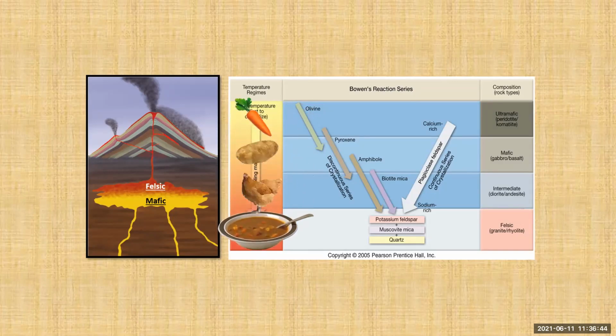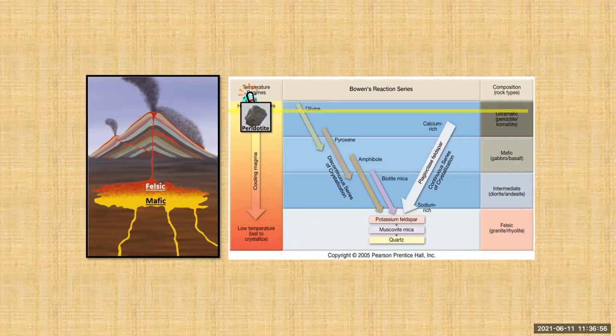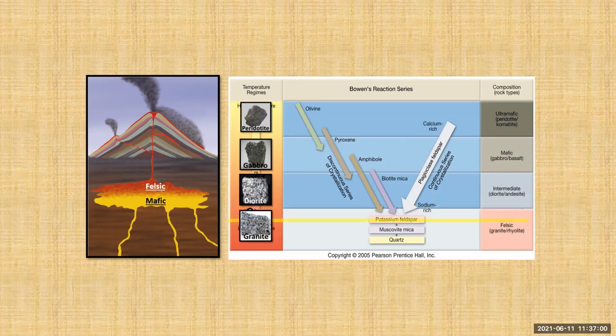Whereas our soup resulted in these ingredients sequentially being pulled out of the soup, each step leaving behind a different soup, when we turn to a magma chamber and we pull out those ingredients that are utilized to make rocks like peridotite, then gabbro, then diorite, then granite, the iron, the magnesium, the calcium that these rocks contain and have locked into these minerals, it's no longer available for use.